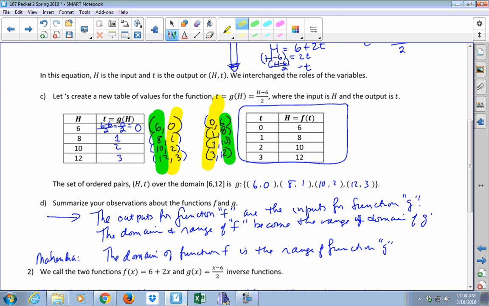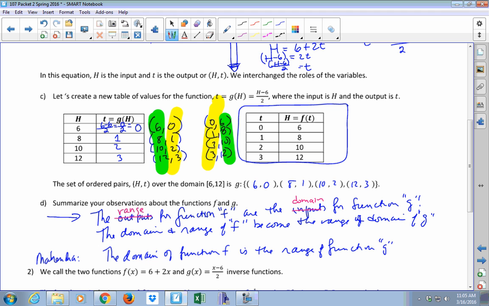All right. So if I was just taking this sentence, I could cross out outputs for f, which is this green highlight, and put in the word range. The range for the function f, Julia noticed, now becomes the domain for the function g.